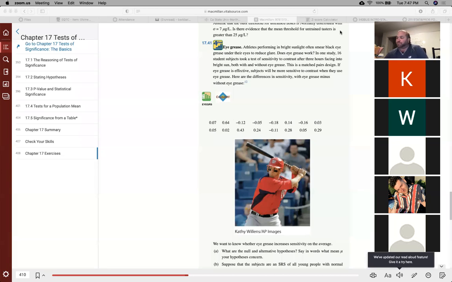Go ahead and write out on your own paper what you think the null and alternative hypotheses are. That way, when you see them, you'll know whether or not you had it correct, versus saying, oh yeah, I would have written that down.